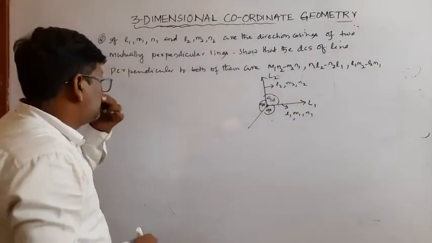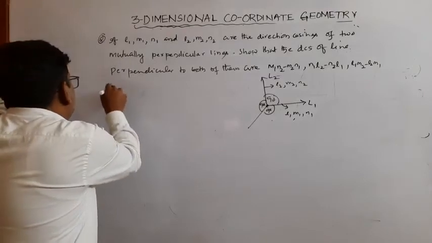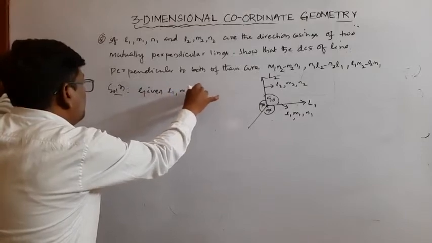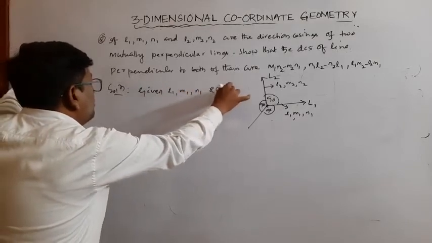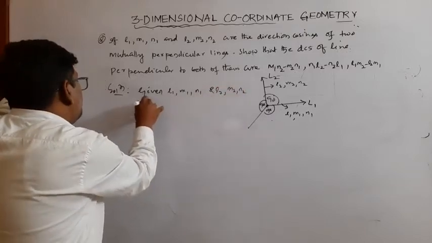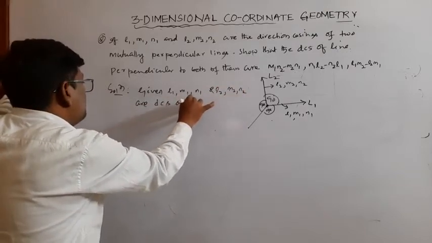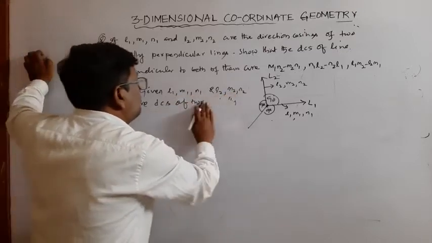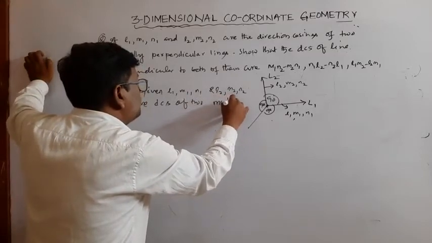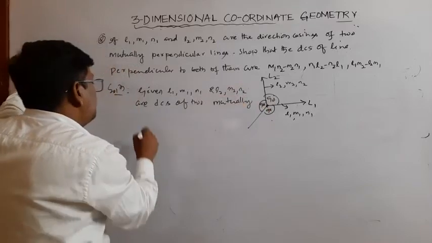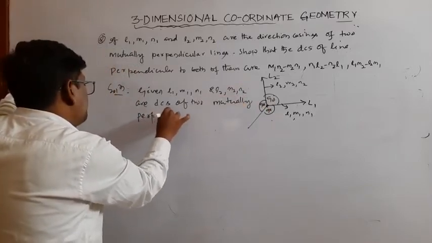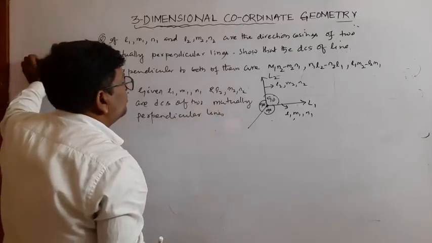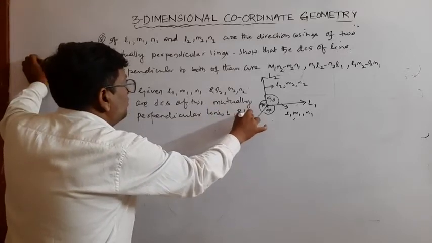So, given solution: L1, M1, N1 and L2, M2, N2 are the DCs of two mutually perpendicular lines, that is L1 and L2.